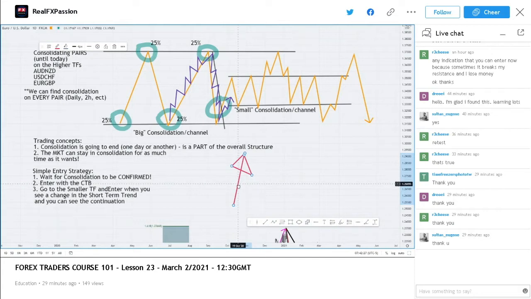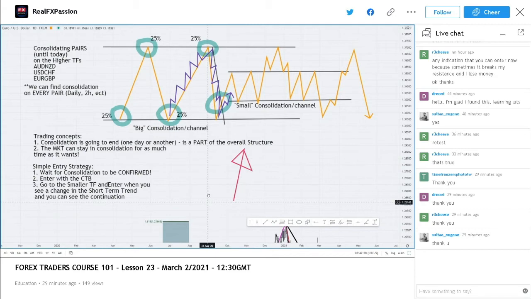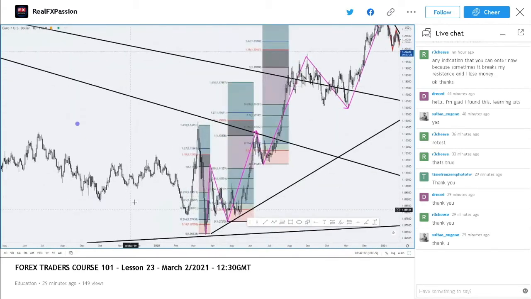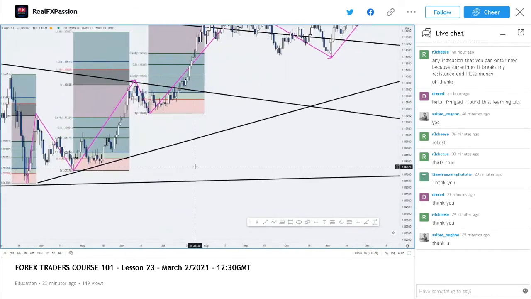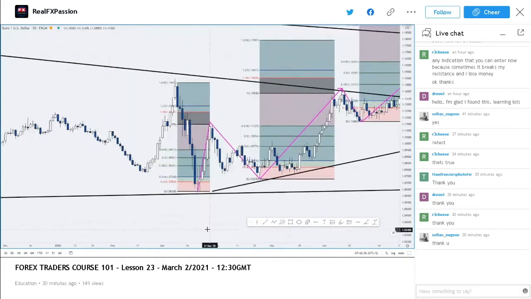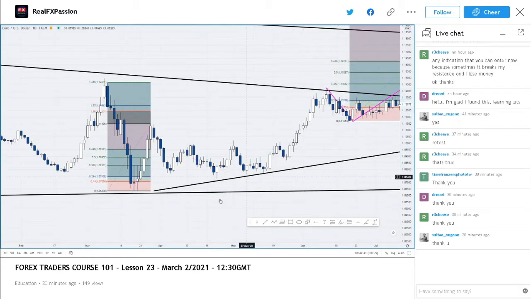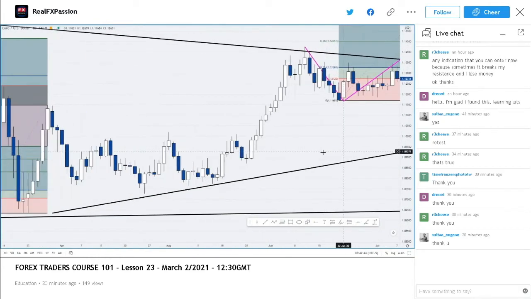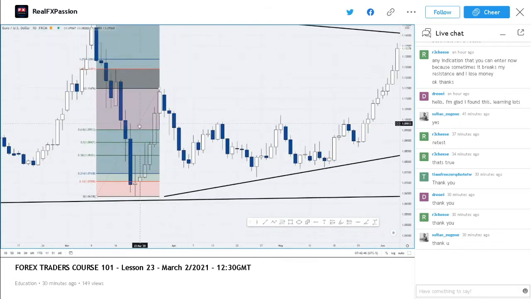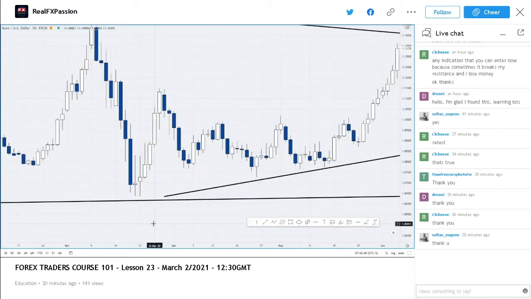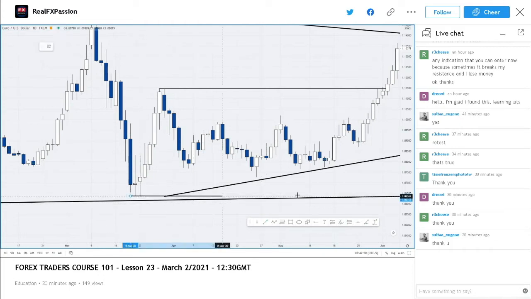Okay, so we are on euro dollar, right? Back in time, everybody, this pair was like this. Let's delete some things. Back in time, this market made a high here, and it made this low here.